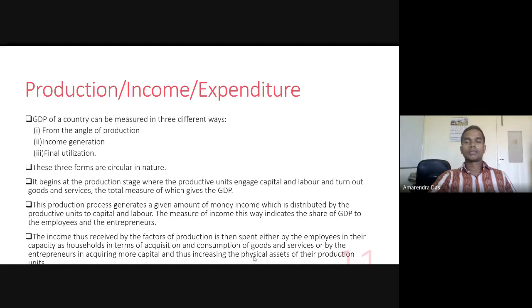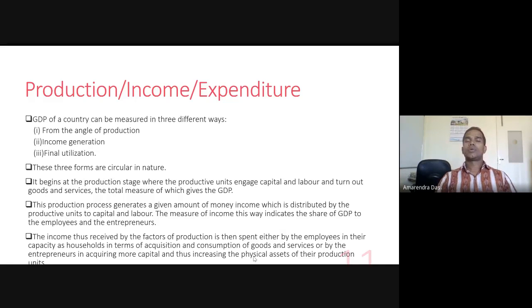And then the third one is expenditure. The income thus received by the factors of production is then spent either by the employees in their capacity as households in acquisition and consumption of goods and services, or by the entrepreneurs in acquiring more capital and thus increasing the physical assets of their production units.